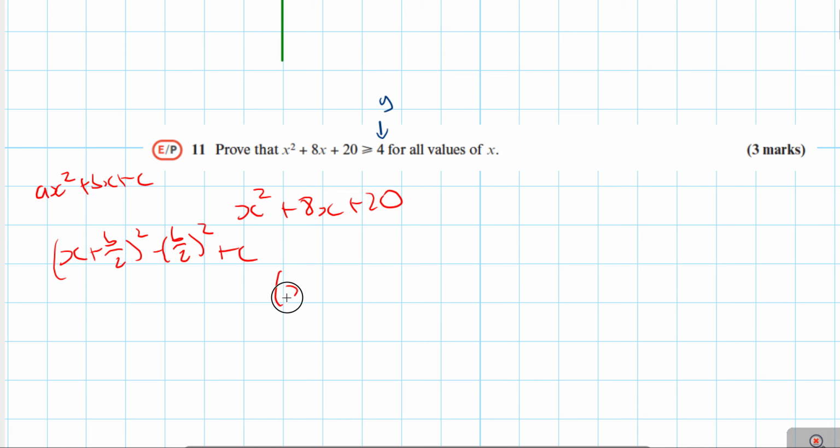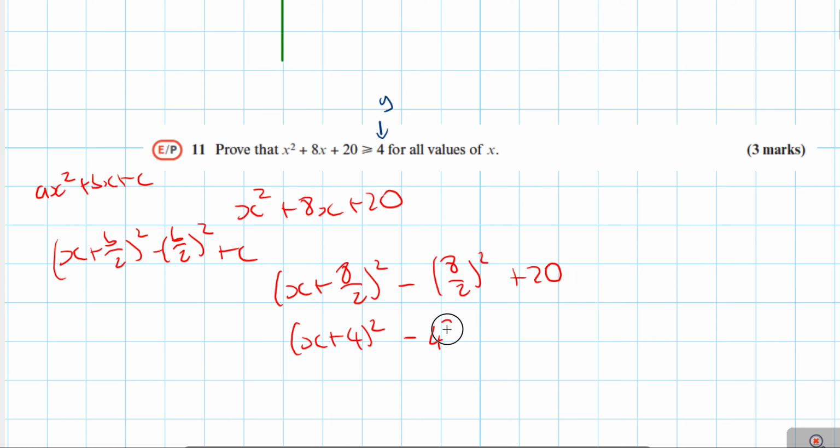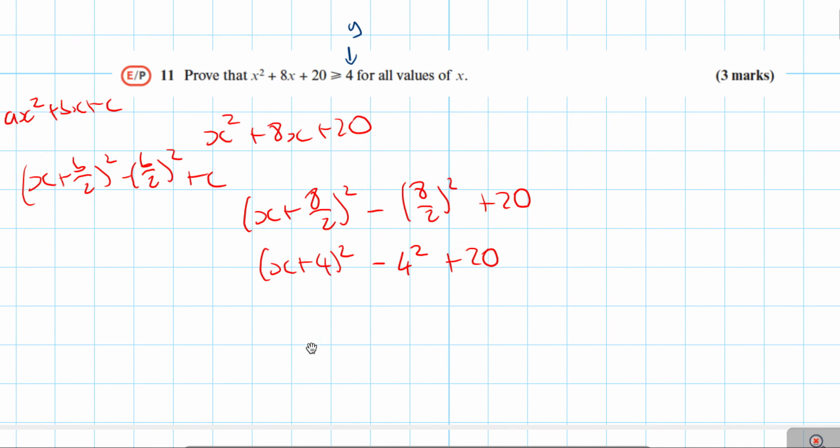So here it becomes x plus 8 over 2 squared minus 8 over 2 squared plus 20, and that becomes x plus 4 squared minus 4 squared plus 20, and then x plus 4 squared minus 16 plus 20, so it's x plus 4 squared plus 4.